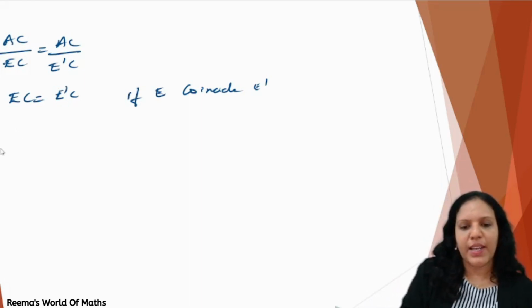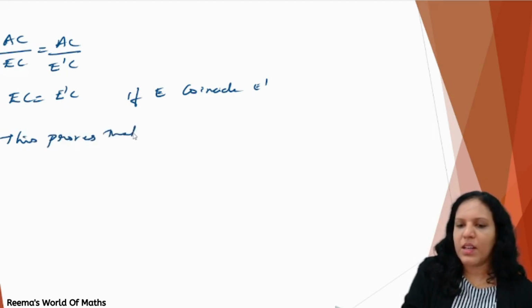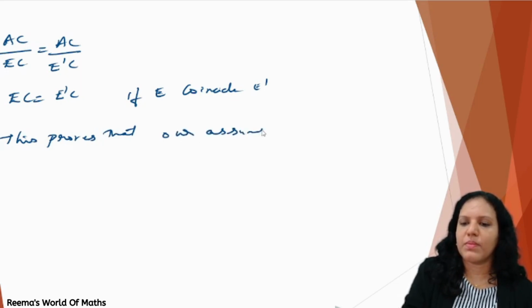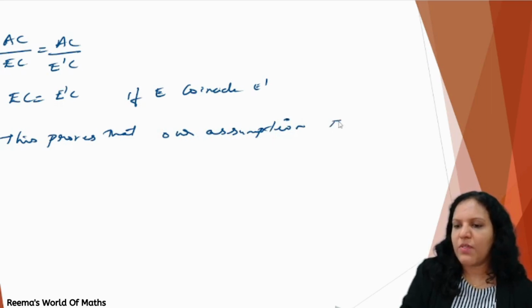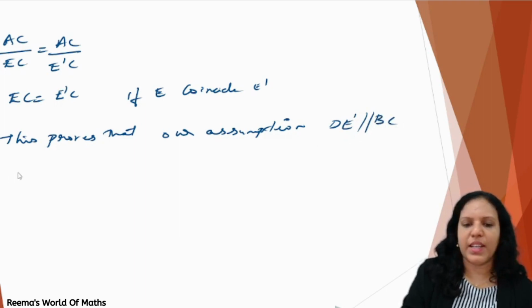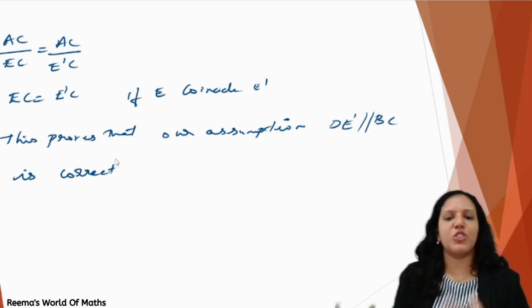So this proves that our assumption, DE dash is parallel to BC, is correct, right? We have assumed that DE dash is parallel to BC.